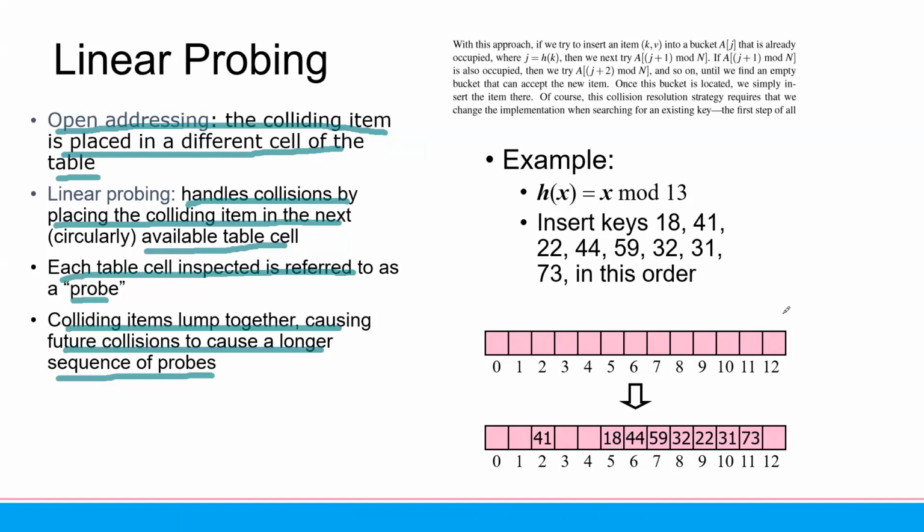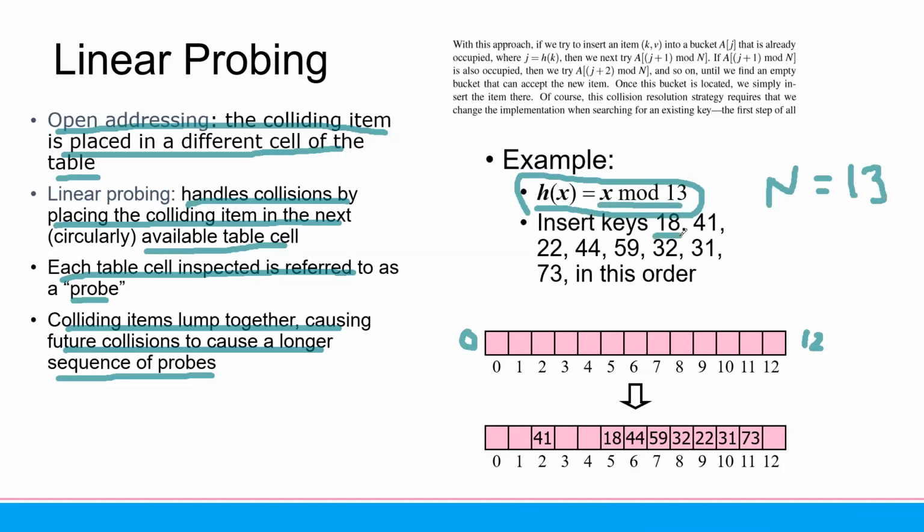Now let's see, if I have this h function, I would like to have h(x) = x mod 13. I have the size from 0 until 12, so N equals 13.